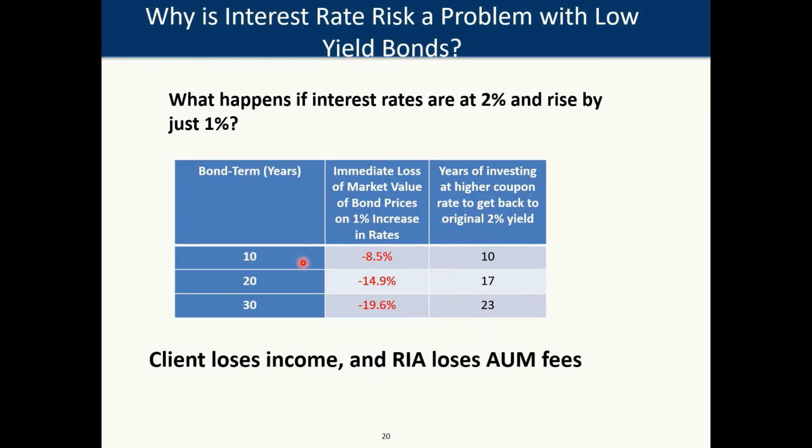If you're in 10-year terms, for those 10 years you had projected AUM fees assuming this 2% yield. So neither will the client be getting the return they were expecting in their original financial plan, nor will the RIA be earning their fees across their entire book. So this is why interest rate risk poses a problem in a low yield environment for both clients and the RIAs managing that. And the 60-40 portfolio doesn't really make sense for either one.